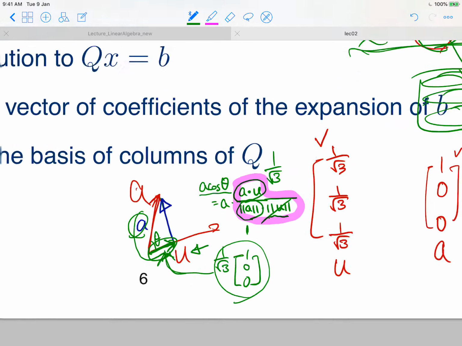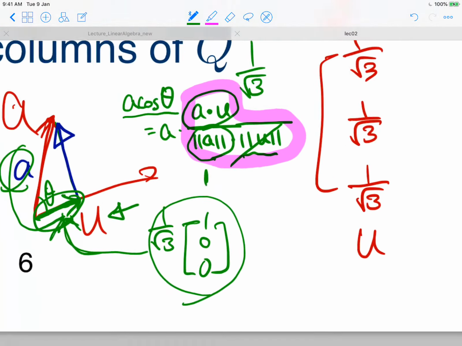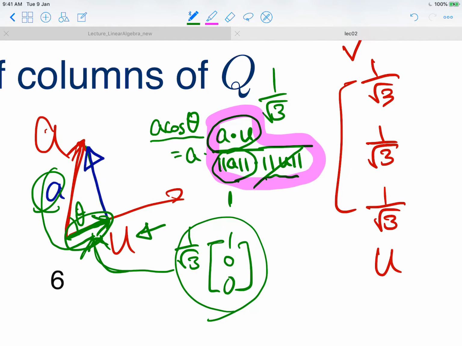Then that is 1, 0, 0 minus, so which part is wrong? Where did I go wrong here?